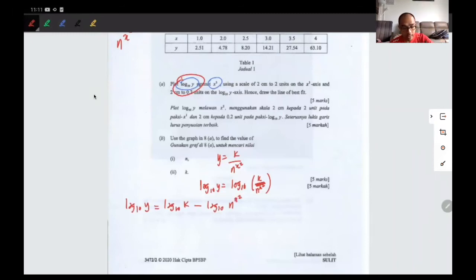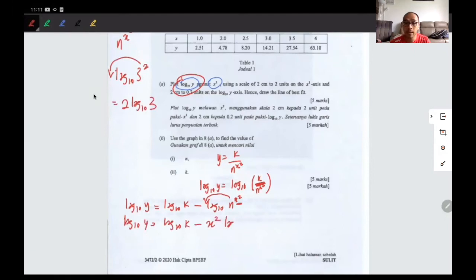Then this x squared, you can bring down to the front, just like how log tan 3 squared becomes 2 log tan 3. This 2 I bring to the front. So I get log 10y equals log 10k minus x squared log 10n.